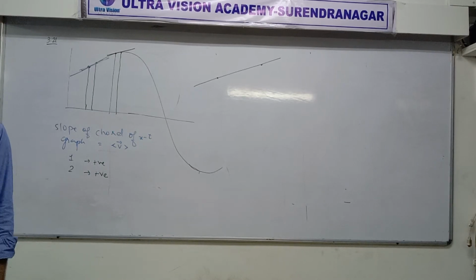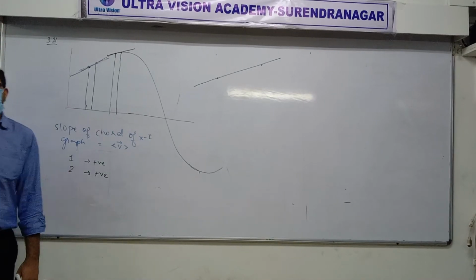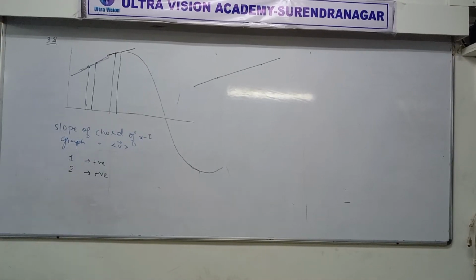Zero is given or positive is given? Did you find it or not? Zero. Question 21, average velocity in the second time interval. Zero, change it, make it positive. Looking at it carefully, we can see that it is positive, not zero.